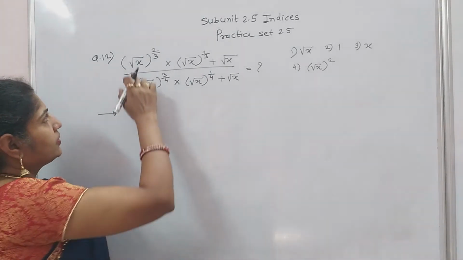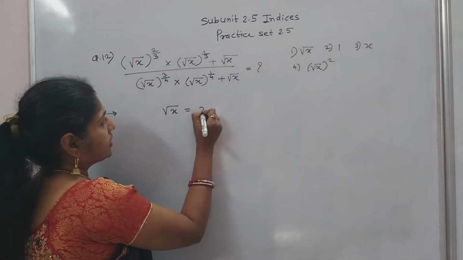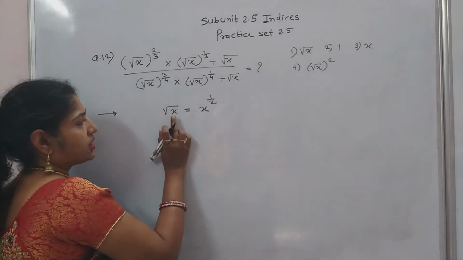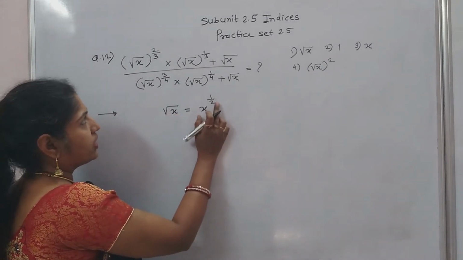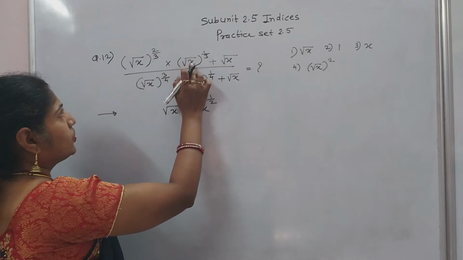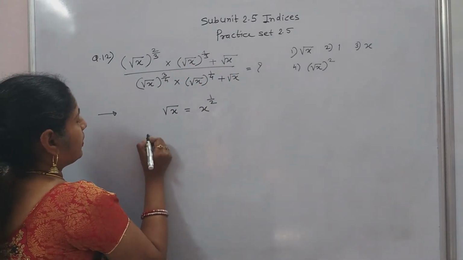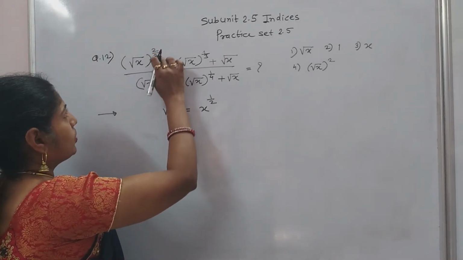Next example, root x, under root of x equal to x raised to 1/2. You must know that under root of x equal to x raised to 1/2. So convert the root x equal to x raised to 1/2. x raised to root x raised to 2 upon 3.